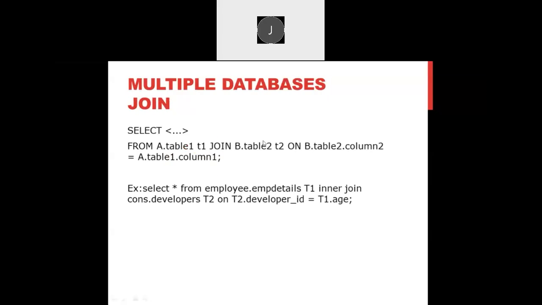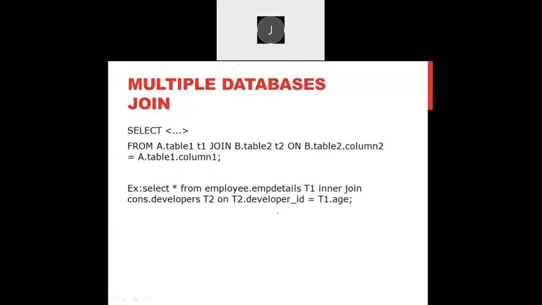Then what are multiple database joins? That also you can do. Between the databases also you can do it. Whenever you want to specify which database it is, you have to use the database name, dot, the field name.